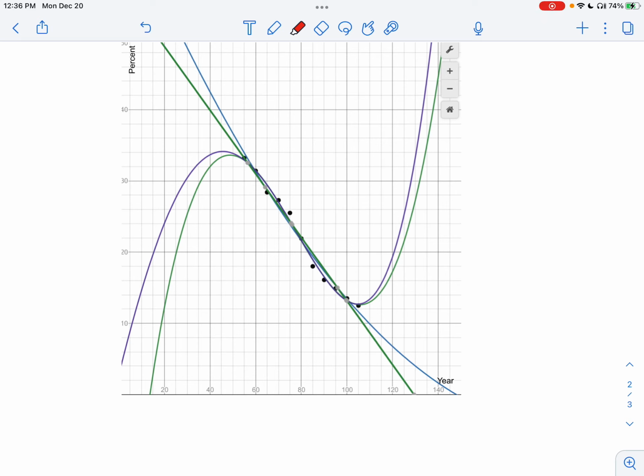What I notice is that when you're talking about predicting the future, I kind of feel like these two are out of it. I think that was the cubic and the quartic models. They increase so exponentially quickly, and then over here they decrease so exponentially quickly. I personally feel the cubic and the quartic are not good for extrapolation.